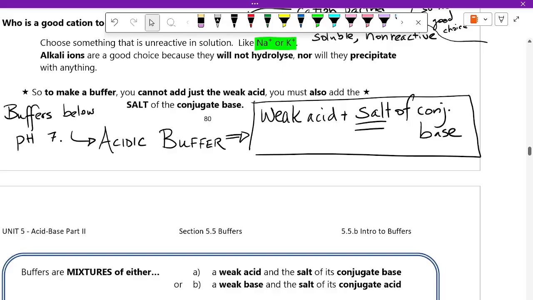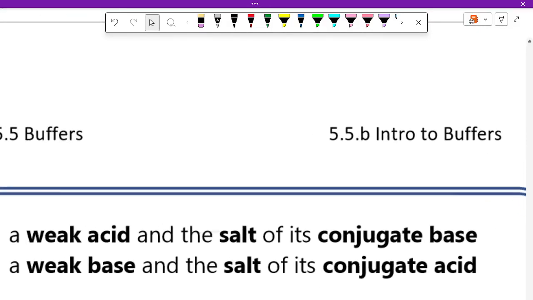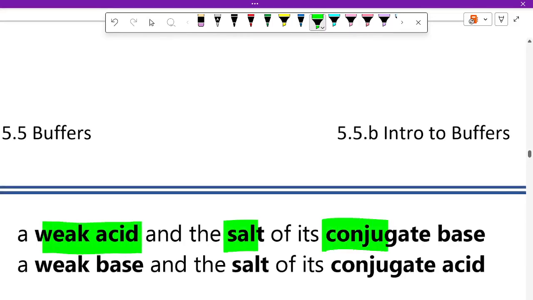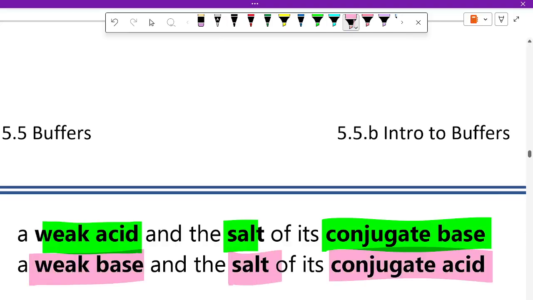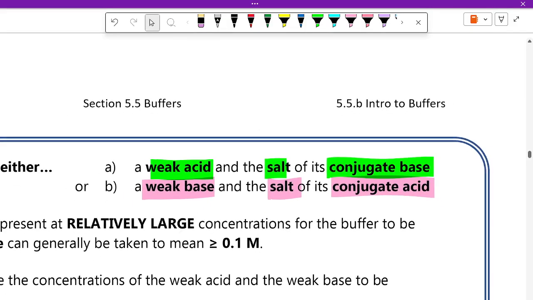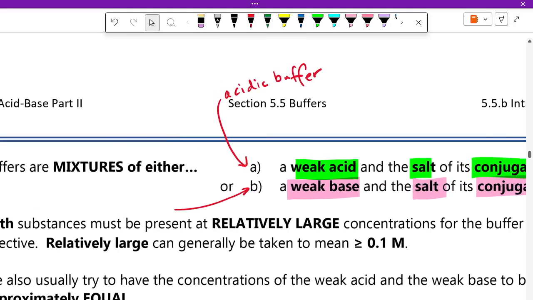So mixed buffers are either mixtures of the weak acid and the salt of its conjugate base, or the weak base and the salt of the conjugate acid. And remember, this one is going to be an acidic buffer, and this one is going to be a basic buffer.